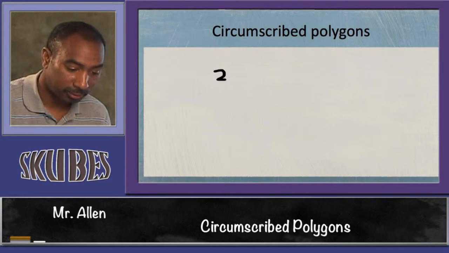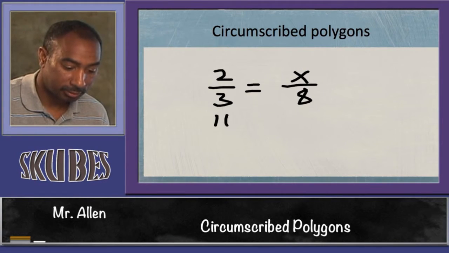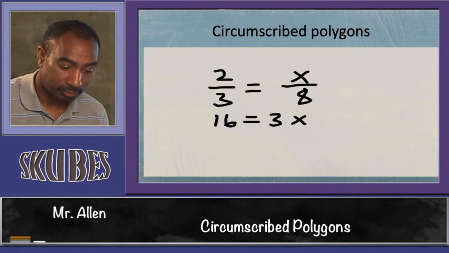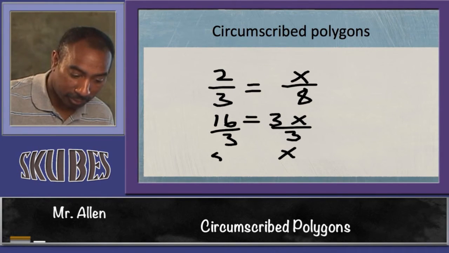So we had 2 to 3 is equal to x to 8. You cross multiply, so you're going to get 16 is equal to 3x. And you divide by 3 on both sides. So you're going to get roughly about 5.3.